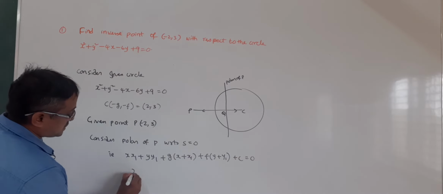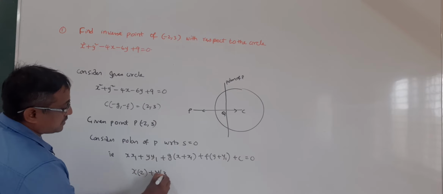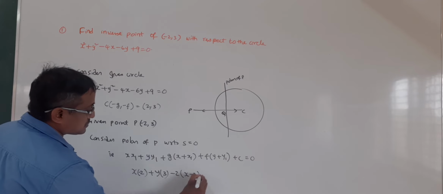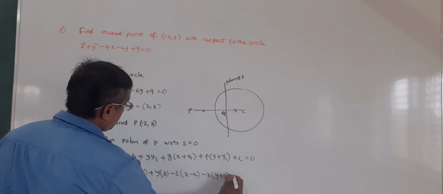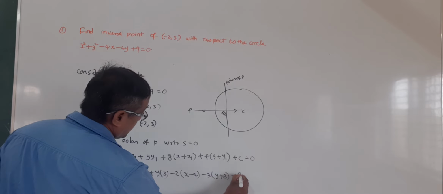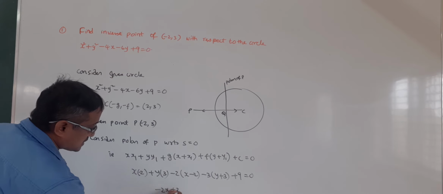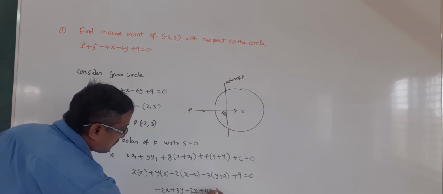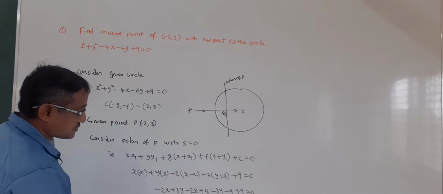So x into (-2) plus y into 3 minus 2 into (x minus 2) minus 3 into (y plus 3) plus 9 is equal to 0. So -2x plus 3y minus 2x plus 4 minus 3y minus 9 plus 9 equal to 0.